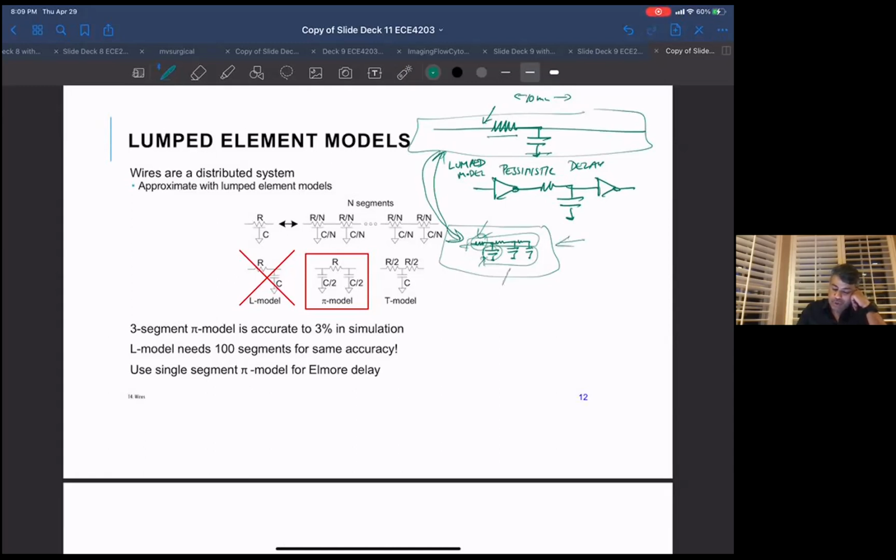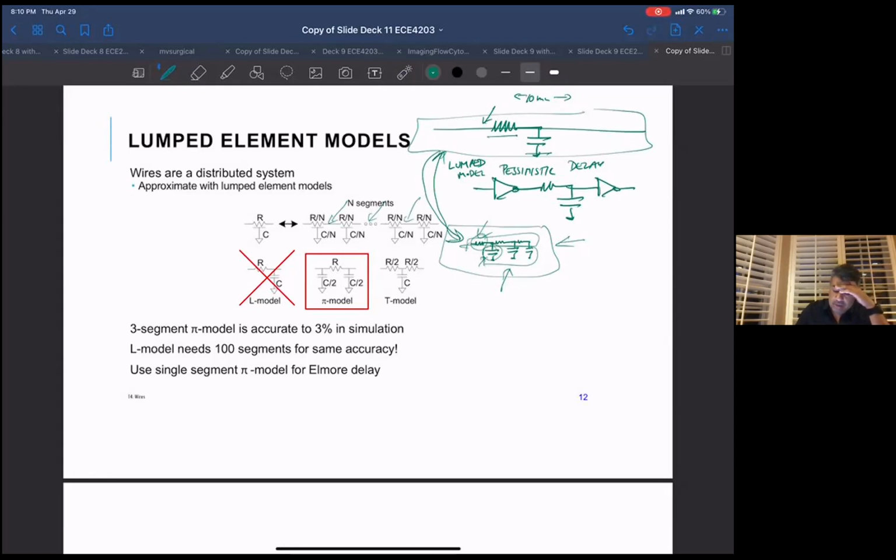But if you go to this extent and you have your 10 millimeter line and you're using 1,000 R's and 1,000 C's, it is computationally intense and complicated. Because imagine if you're simulating that, your SPICE is running differential equations for each additional node here. So you want to limit the number of those nodes, plus doing a hand calculation is impossible.